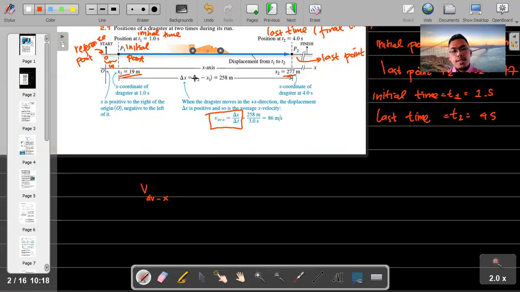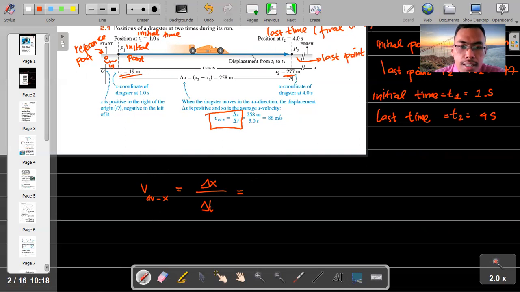Because as you can see on the screen, the car moves on a horizontal line, we can define the line like the x-axis. That's why the symbol used is x, and then equals delta x divided by delta t.